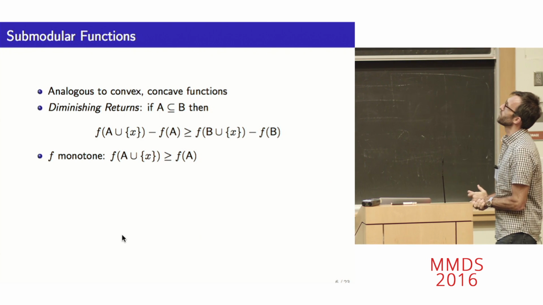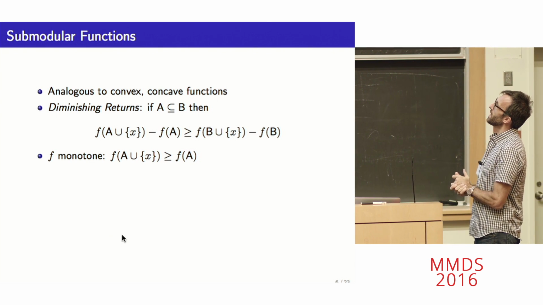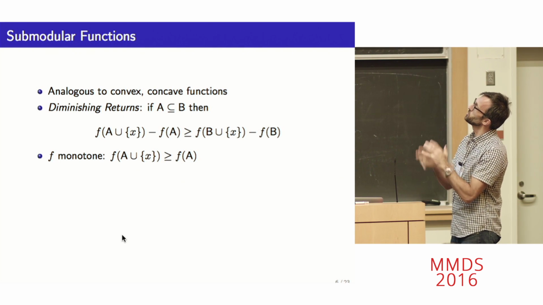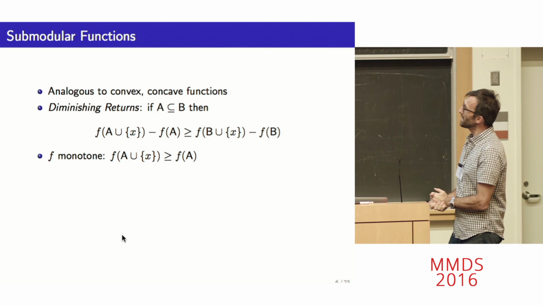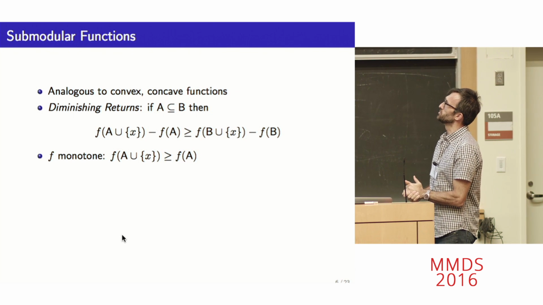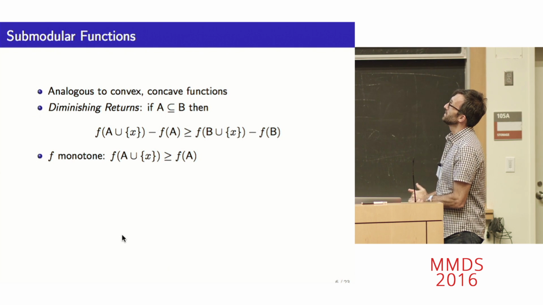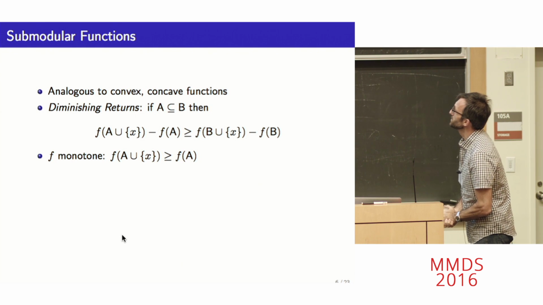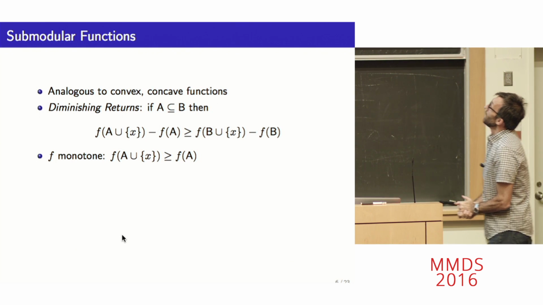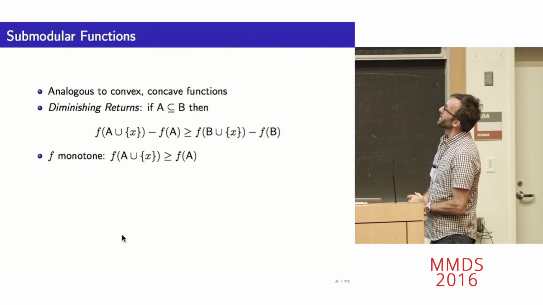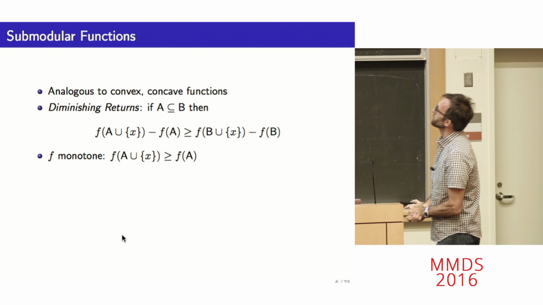So what's written up there, f of A is the reward you get if you choose subset A. F of A union x is the reward you get if you choose the subset that's A and the union of x. So the left-hand side is non-negative if f is monotone.